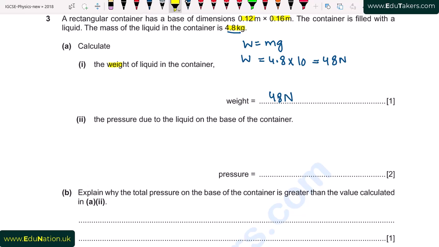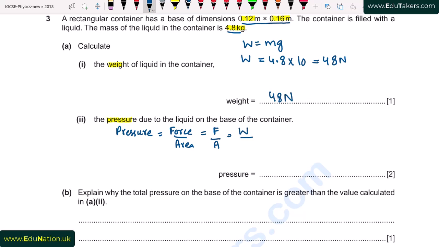Part 2. The pressure due to the liquid on the base of the container. Here we have to find out the value of pressure, and we know that pressure is force per unit area. I write here pressure is equal to force over area, or I just write F over A. So here area is given, that is 0.12 meter and 0.16 meter, and force in this case will be equal to weight.